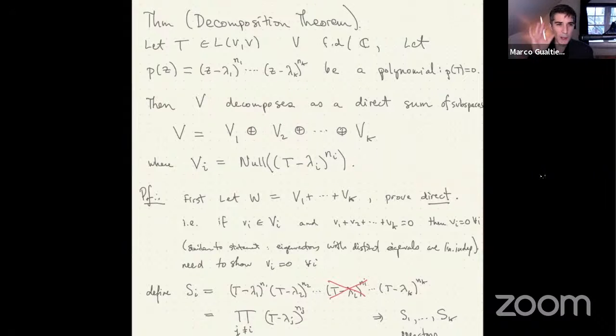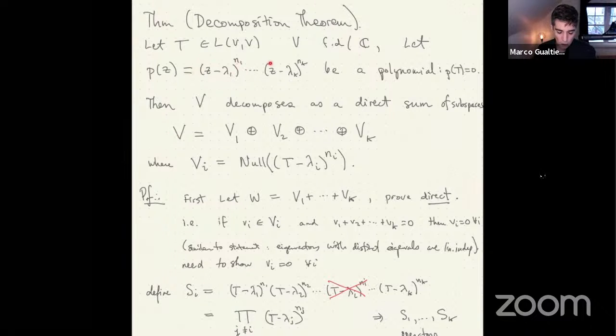We start with a polynomial that kills T. But then we're going to look at each individual factor, (T minus lambda_i) to the n_i, and we're going to look at what that kills.